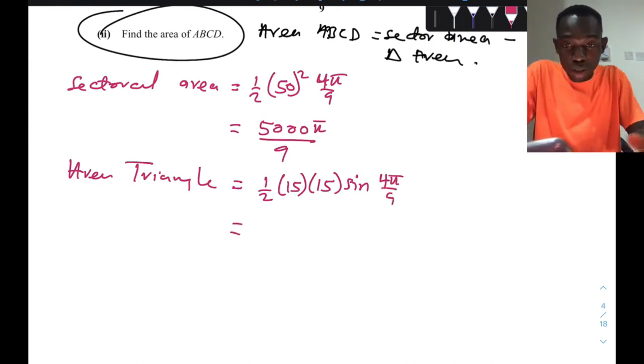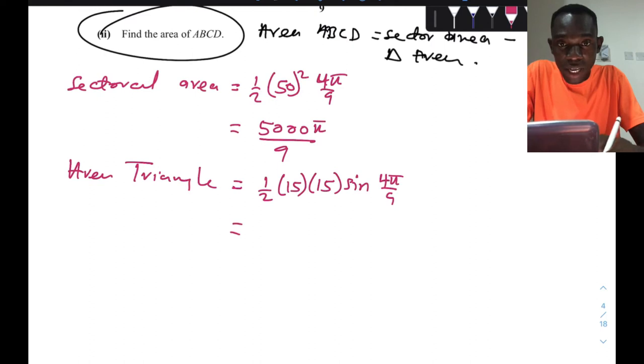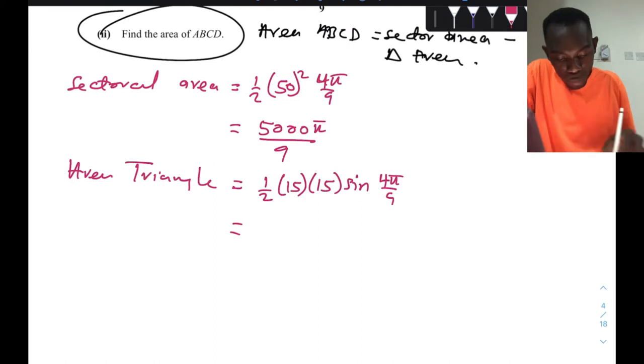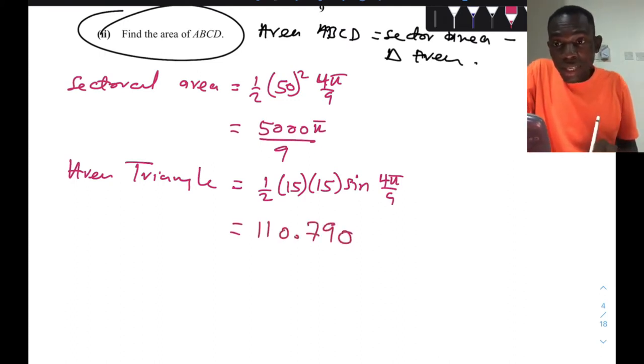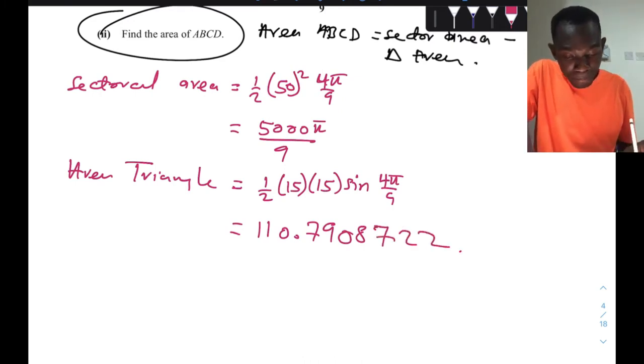According to the calculator we will get 0.5 times 15 times 15 times sine 4 pi on 9, which is 110.790873. Okay, I read the whole thing, don't mind me.